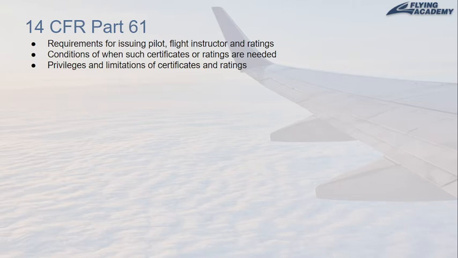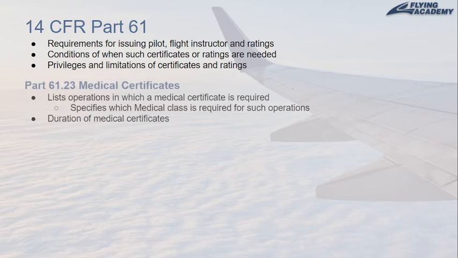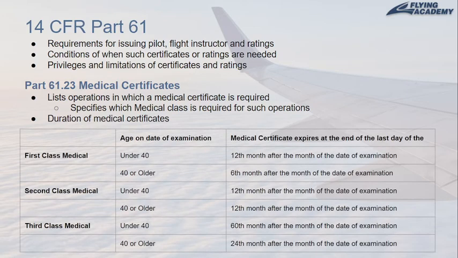The ones that apply to us will be the student pilot certificate and the private pilot certificate. Part 61 also goes over the medical certificates that are needed. It lists which medical certificates are required for certain types of activities and the duration of medical certificates. This is under Part 61.23.